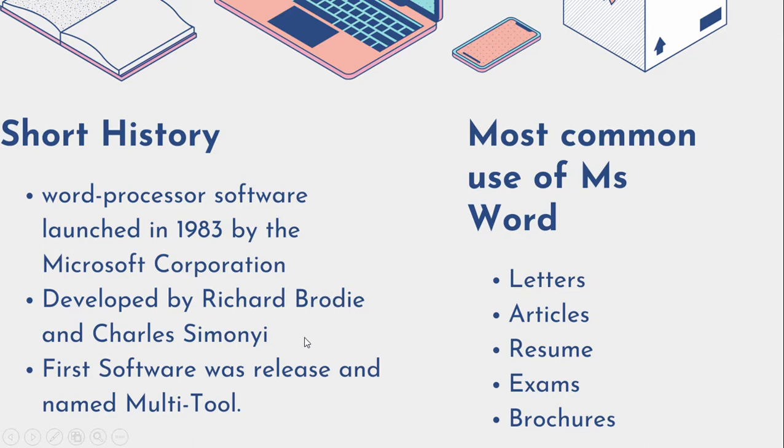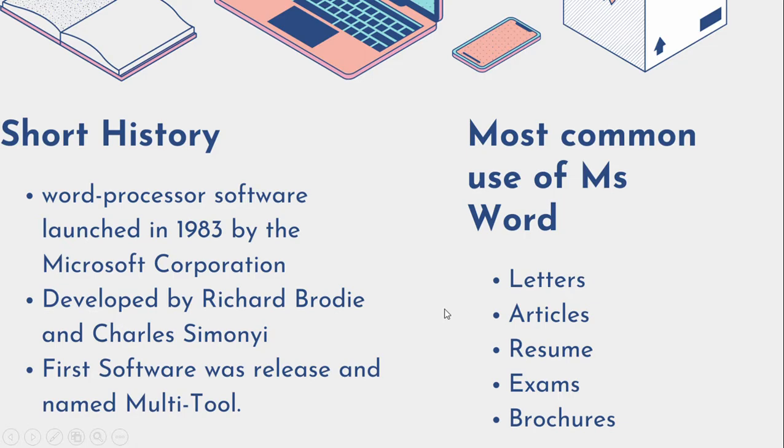Okay, so that is pretty much the short history of it. And what are the most common uses of MS Word, like what I mentioned earlier? We have letters, articles, resumes. You can also use it for exams and brochures, and some other things that might be related to creating a document.